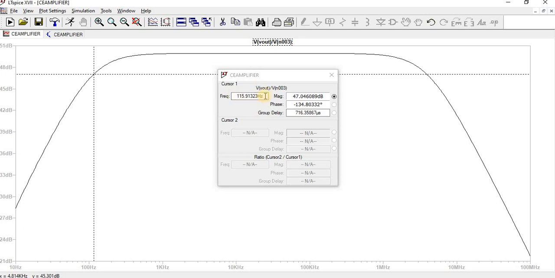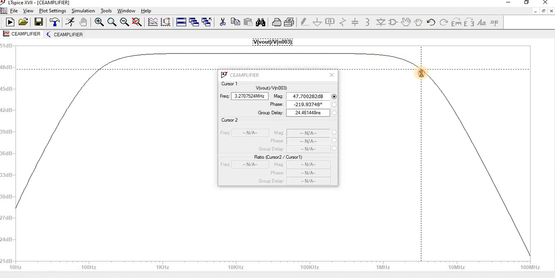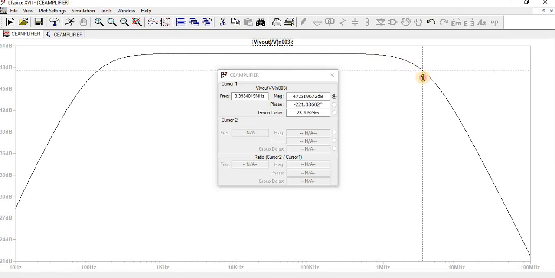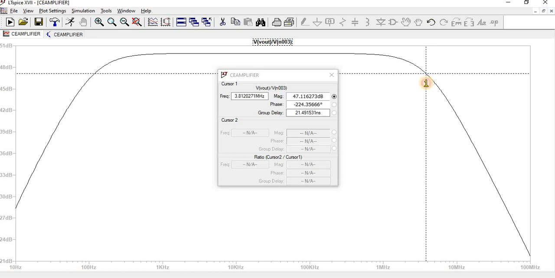The lower cutoff frequency is 115.913 megahertz, and for the upper cutoff frequency, keep on reducing, and we can find 3.9 megahertz. The bandwidth is nothing but the upper cutoff frequency minus the lower cutoff frequency. Then we can find the corresponding bandwidth for the common emitter amplifier.